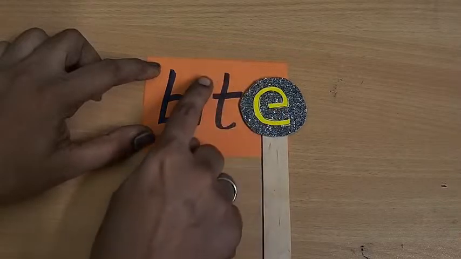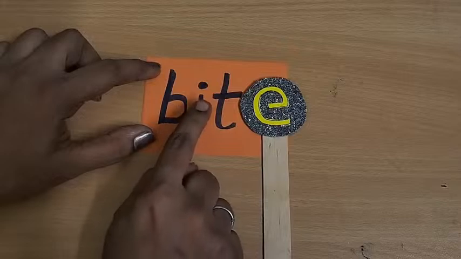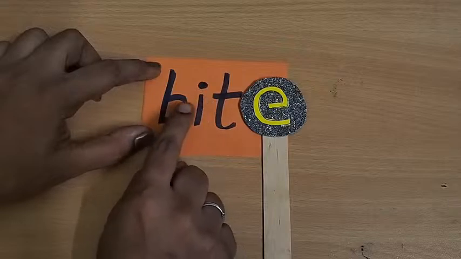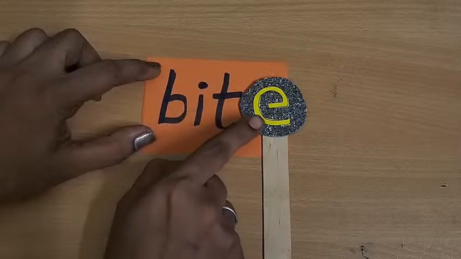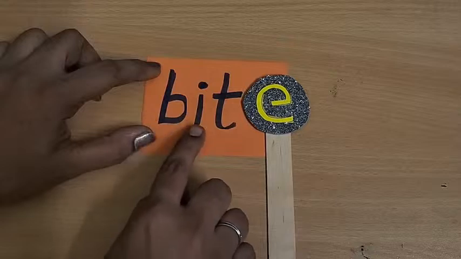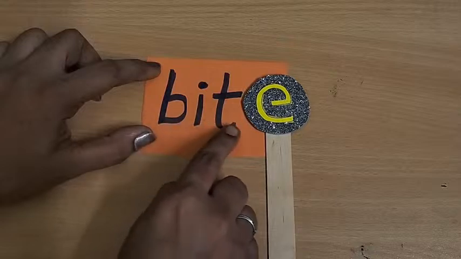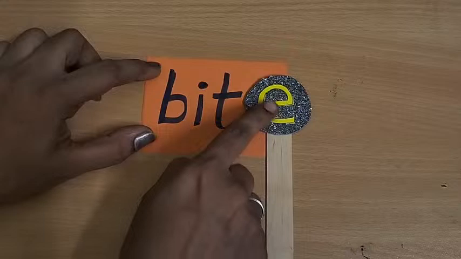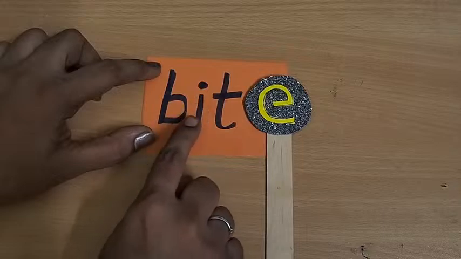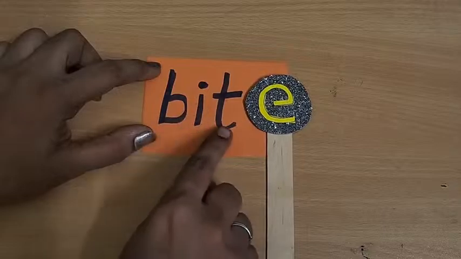The vowel around E, the vowel here, is I. So it does not say the short sound. It says its original name I in a longer sound. B, I, T. E becomes silent. So how we have to read is B, I, T, bite. The E becomes silent and the vowel says the longer sound of its name.